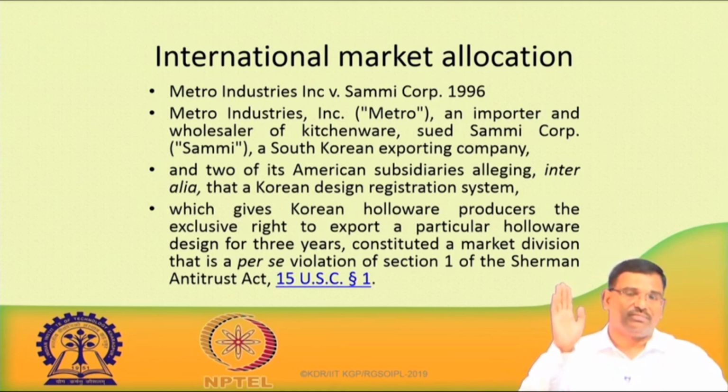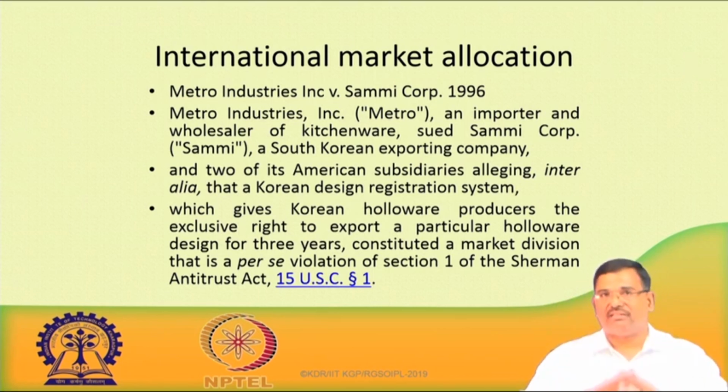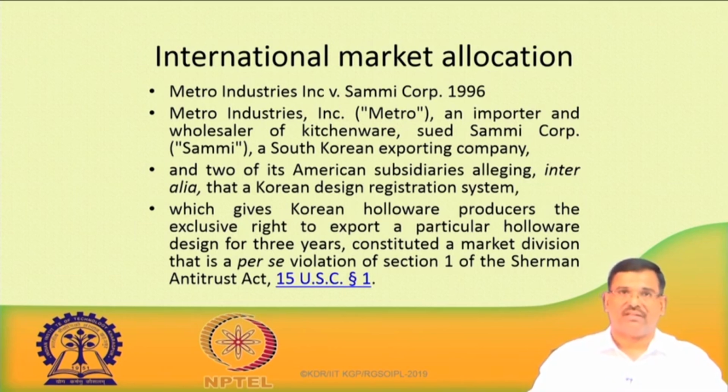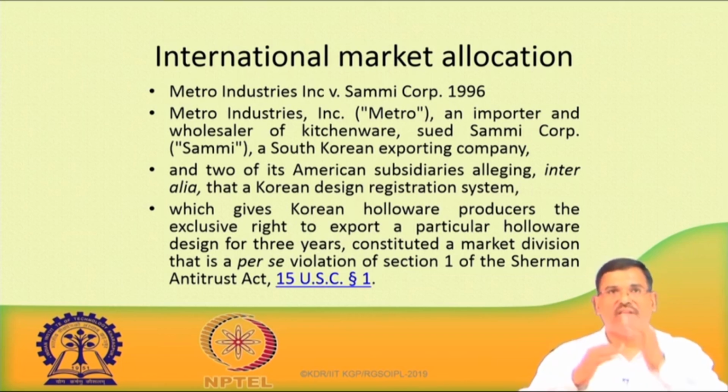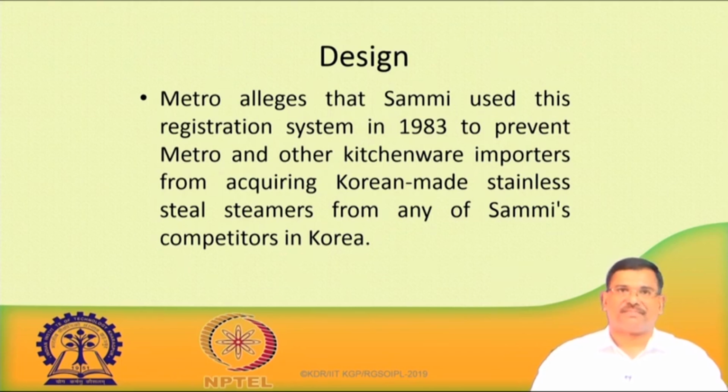So, the Korean law permits the hollowware producers an exclusive right for a period of 3 years to export these products. Is this a market division, and is this a per se violation of section 1 of the Sherman Act? This was the allegation, because it gives a 3-year exclusive right to export the hollowware design products. So, this is considered by the court in this particular case.